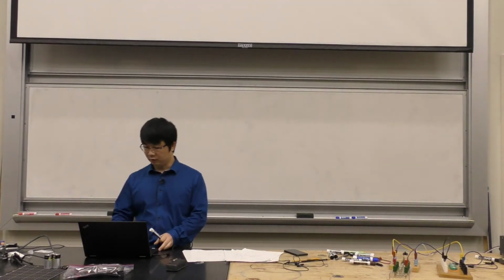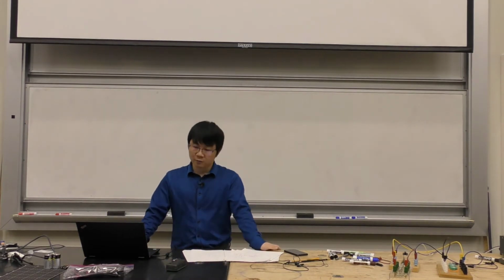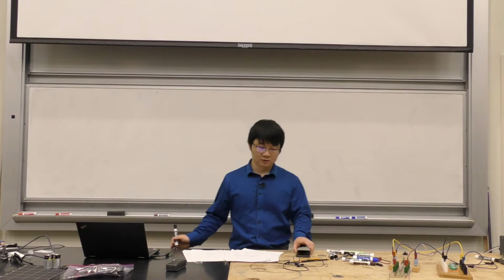All right, so last time we learned how to work with combinations of capacitors, right? There are two different fundamental ways to connect capacitors, parallel and series. We derived the theory for each combination, and then we used them to simplify a complicated circuit with many capacitors, right?